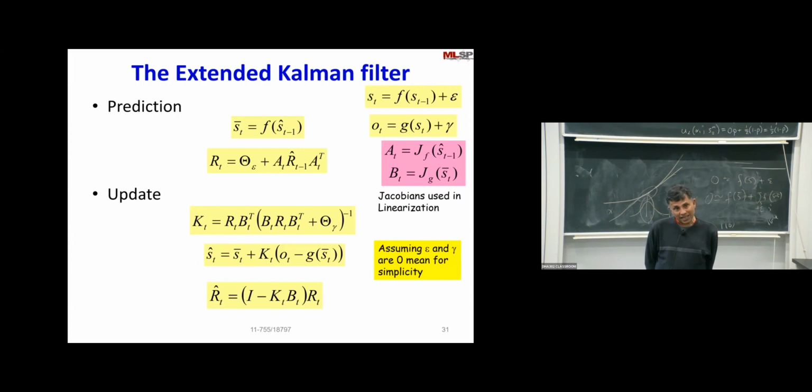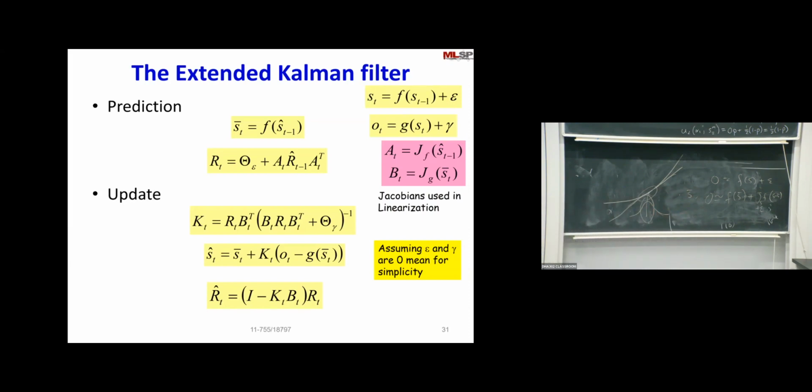We're predicting the state at the next time, and we're predicting the observation from the state, right? And so for these, do I really need any linearization? It's a nice functional form. These are not statistical terms. I can predict the state. I can predict the observation. I don't need to worry about linearization.